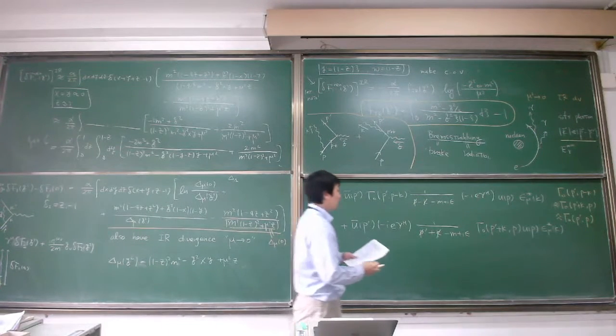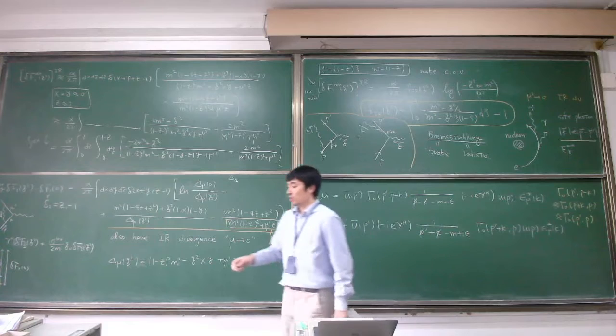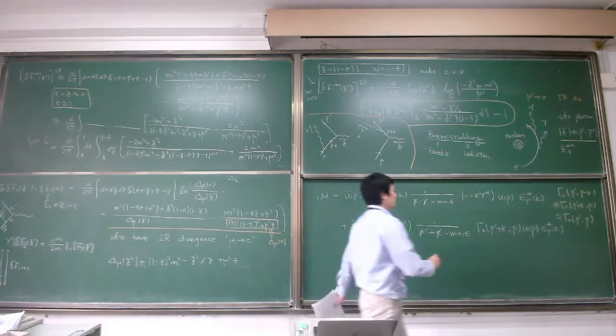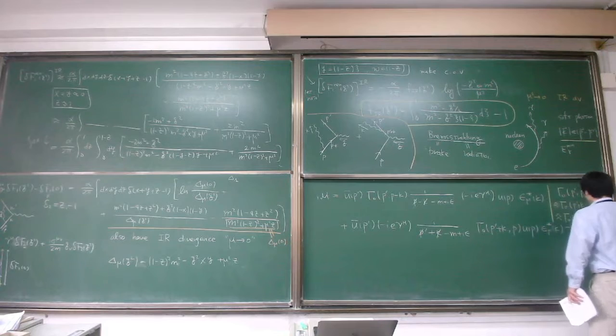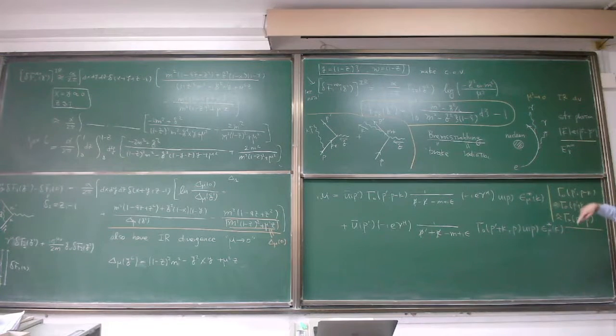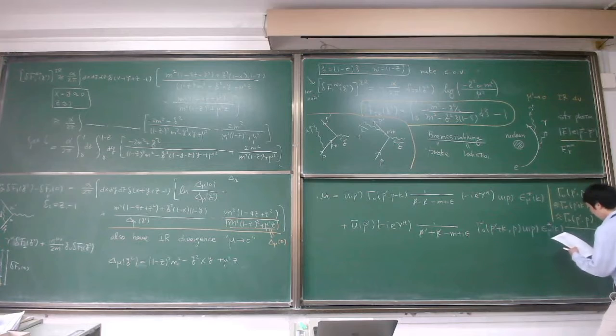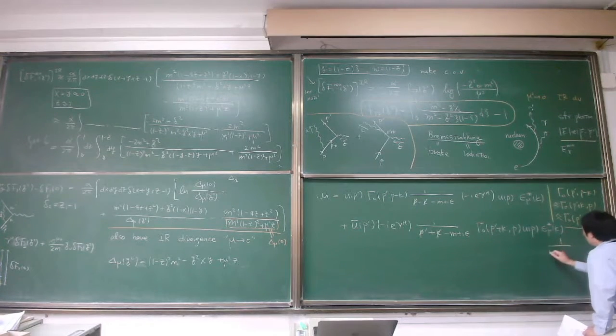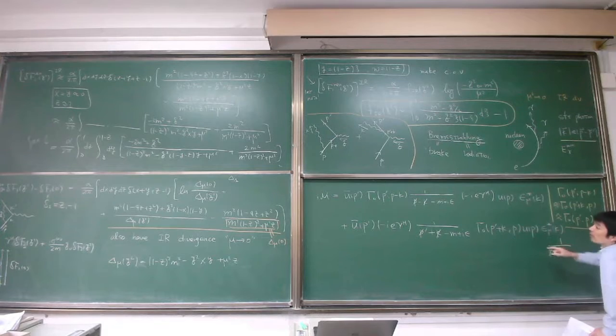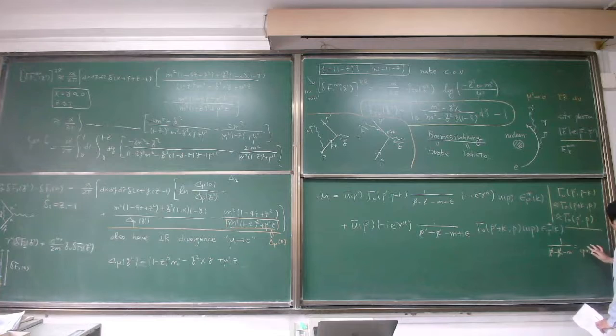And also, this is an approximation. But I think this kind of computation is very important in quantum theory. So if you have the propagator like this way, p plus k, p minus, then the k is very small.